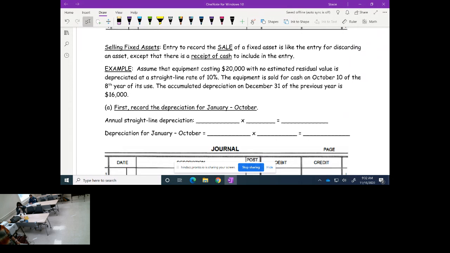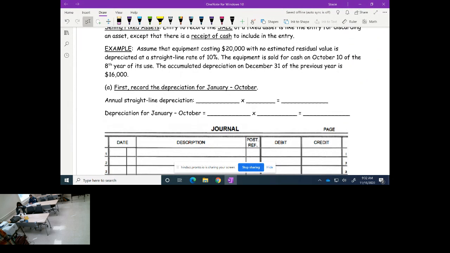In this first example, we have equipment that costs $20,000 and has no estimated residual value. Depreciation is straight line 10% each year, and the equipment is sold for cash on October 10 of the 8th year. Accumulated depreciation December 31 of the previous year is 16,000.